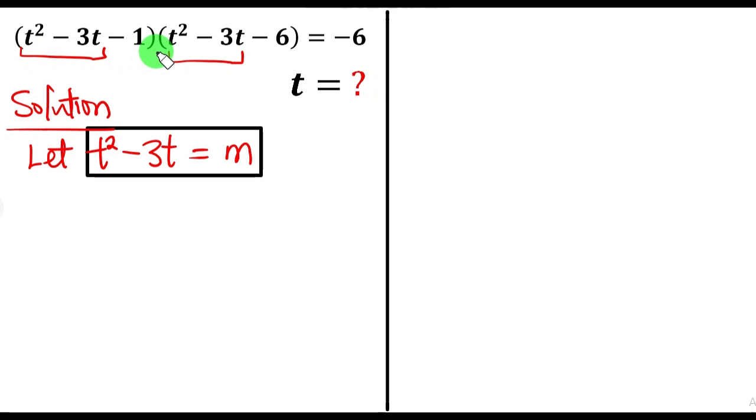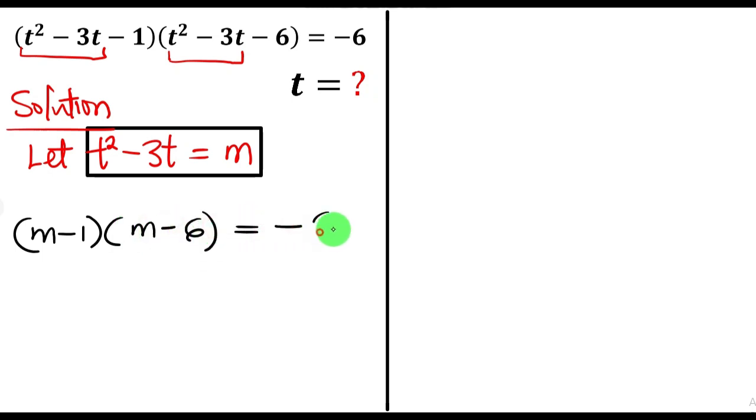Therefore, our question can be written as (m − 1)(m − 6) = −6.